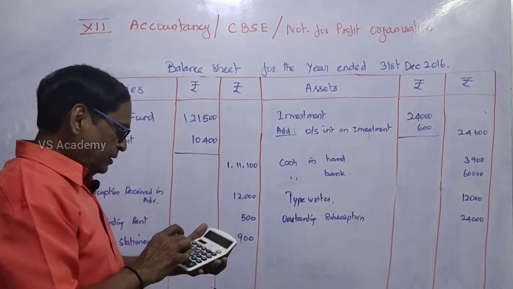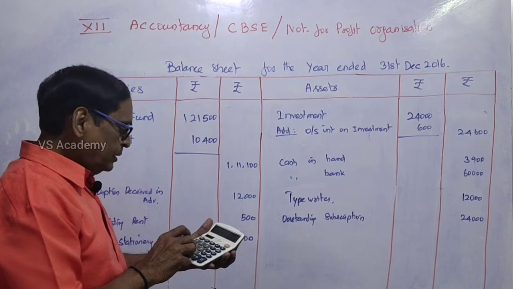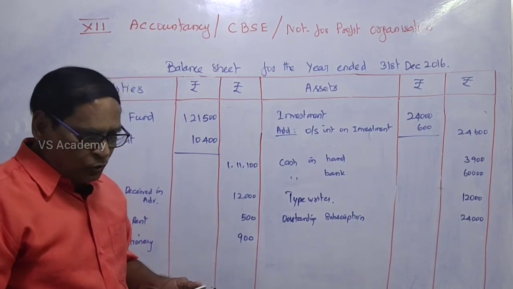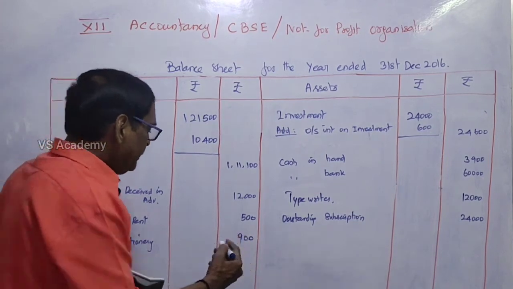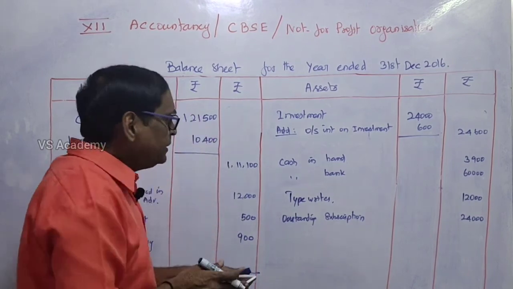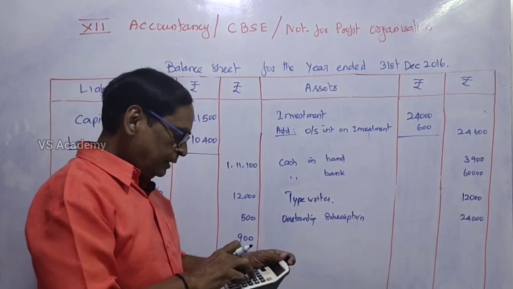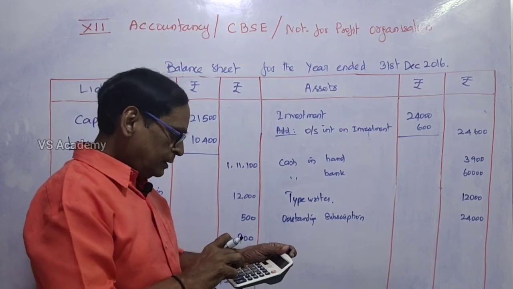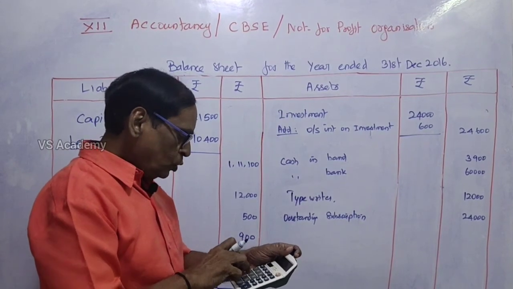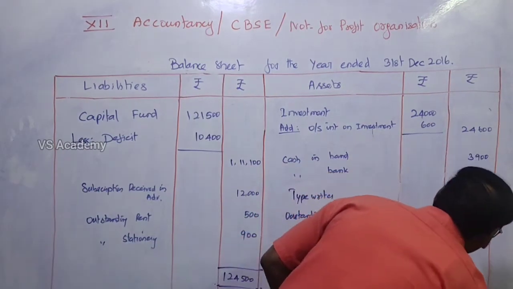So we will see: 1,11,100 plus 12,000 plus 500 plus 900, so 1,24,500. This side also: 24,600 plus 3,900 plus 60,000 plus 12,000 plus 24,000, 1,24,500. It has been tallied.